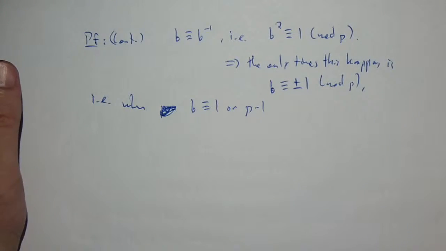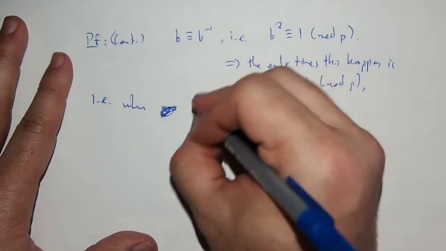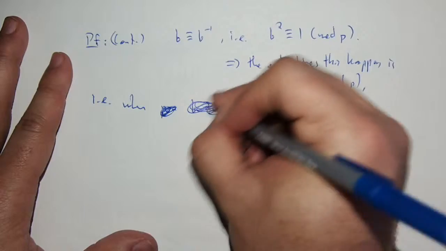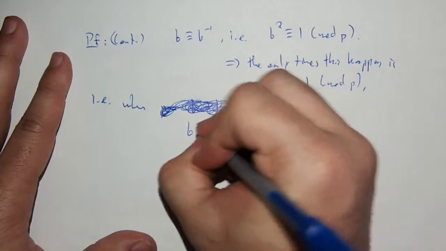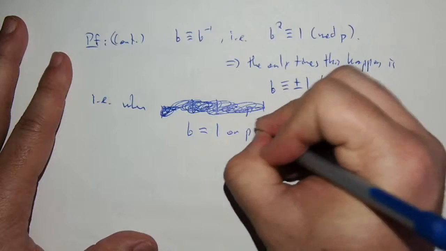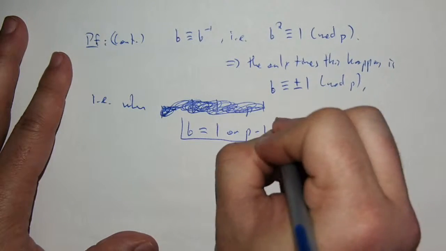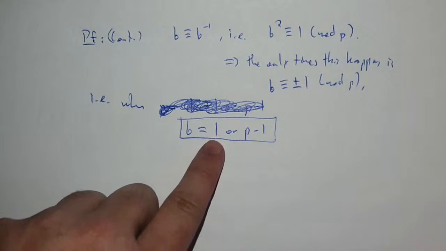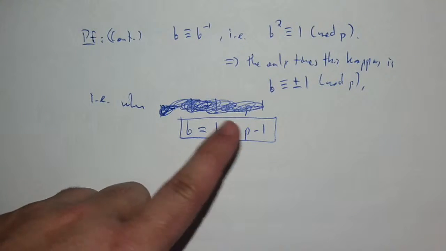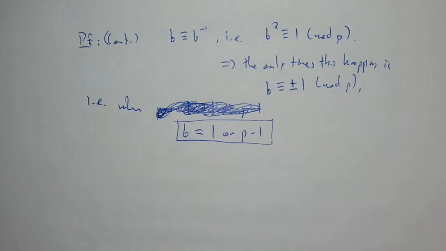No, equal to, not congruent, I meant. And that statement's also true, but when b is equal to 1 or p minus 1. And so, just like in the example, we can always do this except at the bottom of the factorial when b is 1 and at the top of the factorial when it's p minus 1. But p minus 1 is congruent to minus 1 mod p, right?